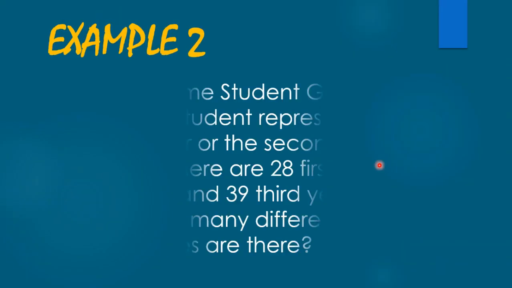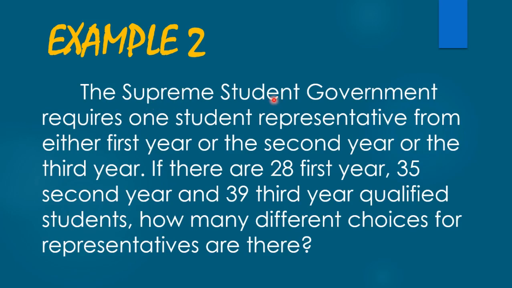Example number 2. The Supreme Student Government requires one student representative from either first year or the second year or the third year. So if there are 28 first year, 35 second year, and 39 third year qualified students, how many different choices for representatives are there?